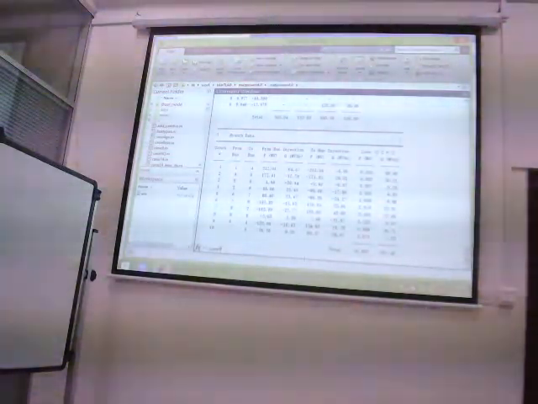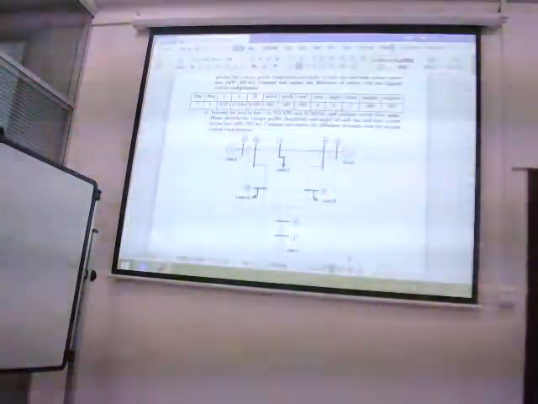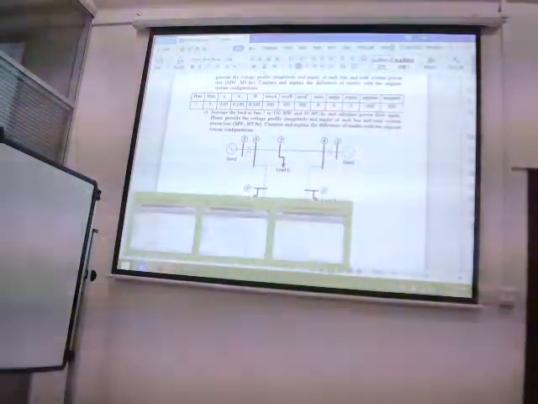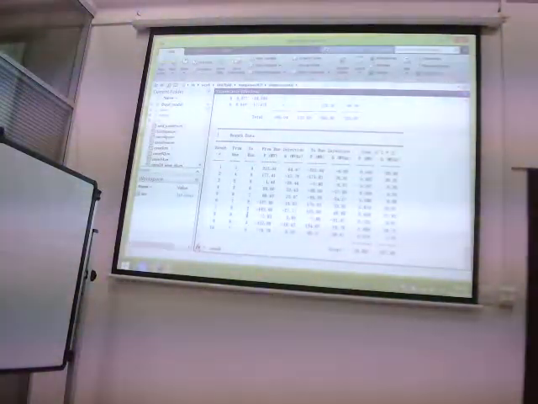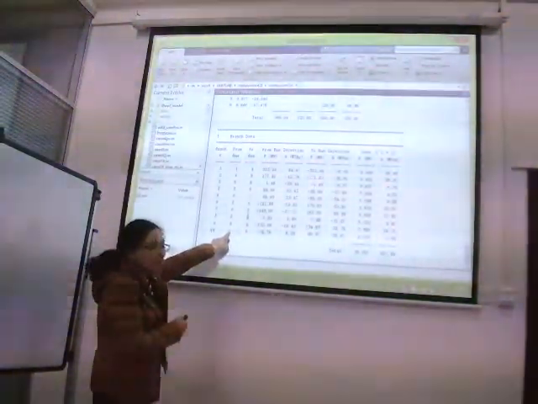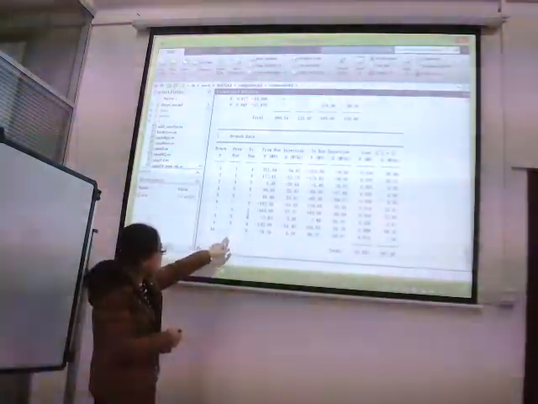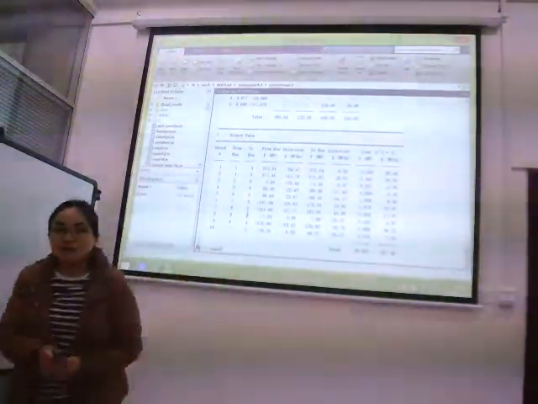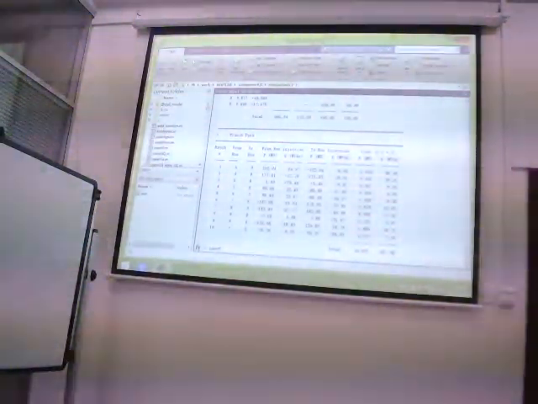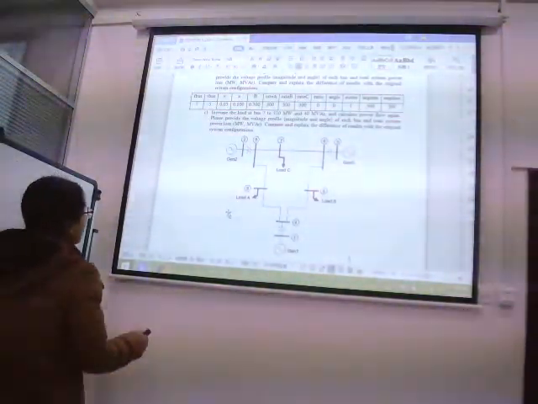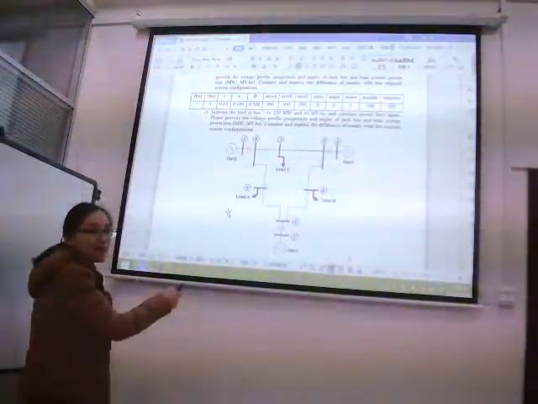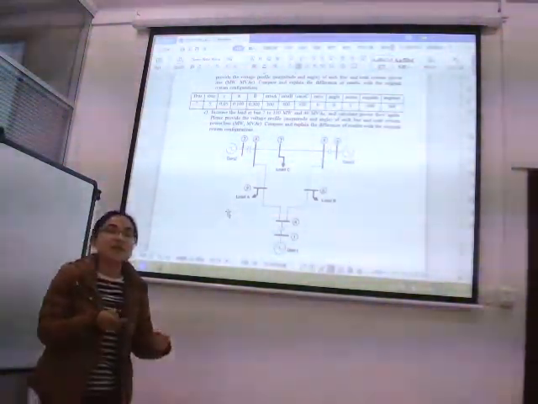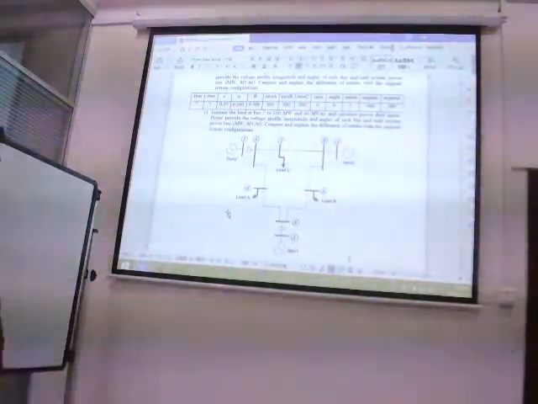Because in the map profile processor, bus 7 is put first, it means the power flow from 7 to 5. But when we take a look at this picture, the power flow is from bus 5 to bus 7, so the direction is reversed, and the value is negative for the power flow data.